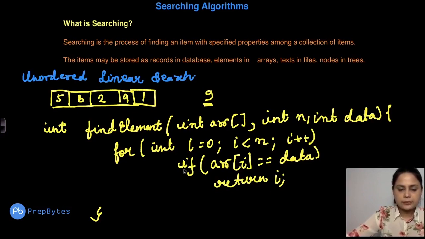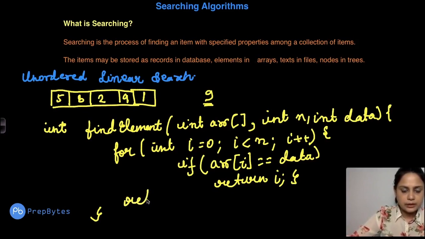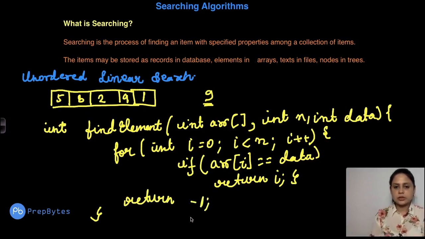Okay, and if that is not the case, let's say we come out of this loop, let's put a bracket over here. We explored the complete array, we went through each and every element of the array and we still did not find the element. In that case, we will simply come out and return -1. Okay, so this is how it is.